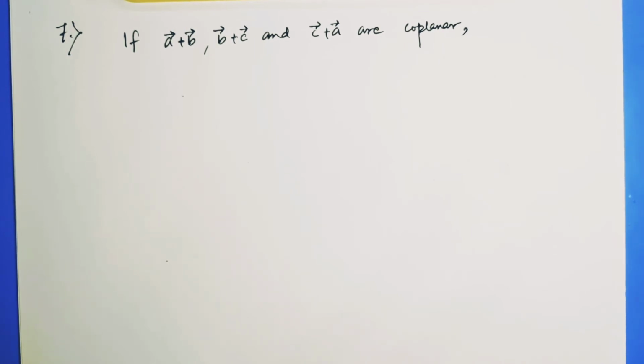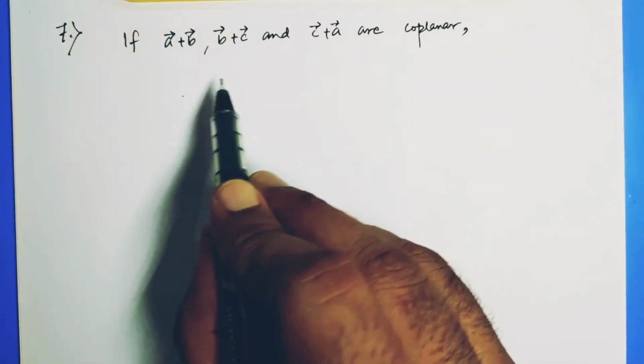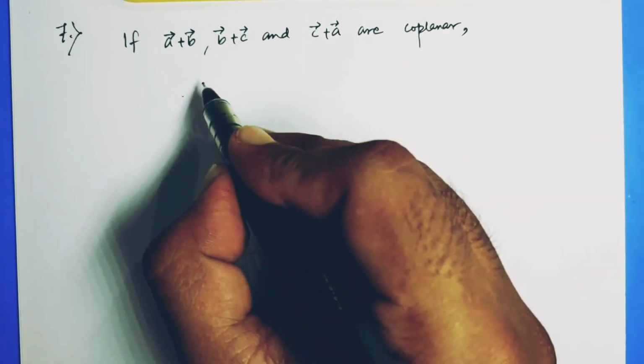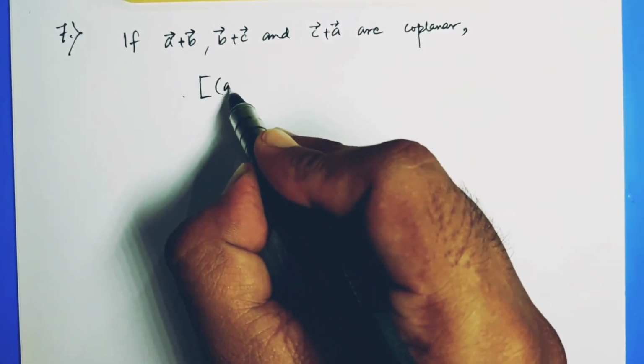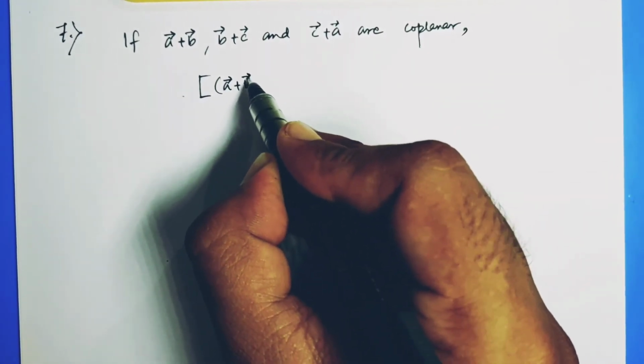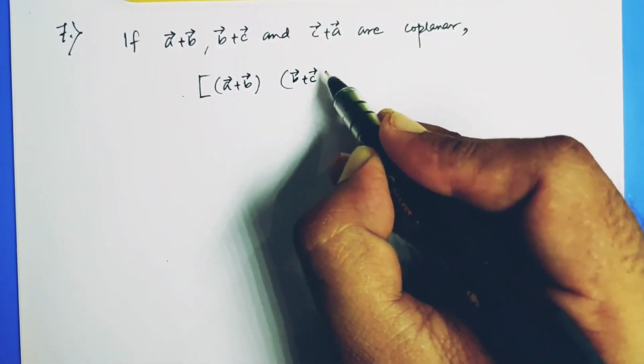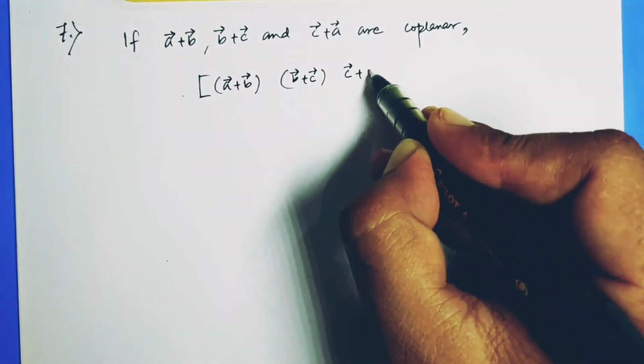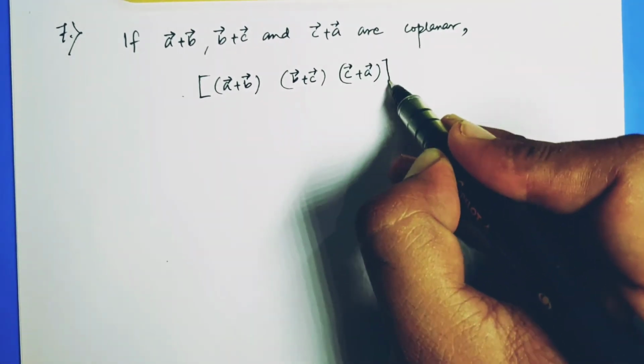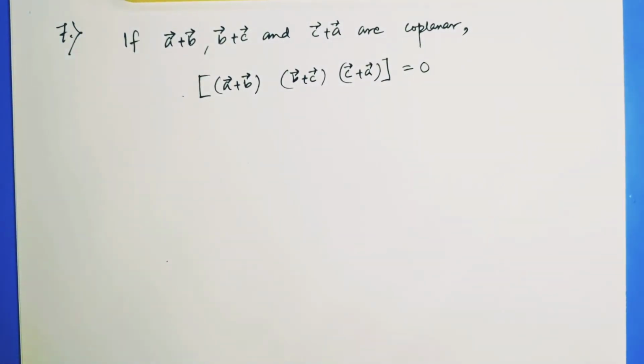The first thing that comes into our head is that when three vectors are coplanar, the scalar triple product is equal to 0, right? So since these three vectors are coplanar, I can say A vector plus B vector, then B vector plus C vector, then C vector plus A vector, the scalar triple product is equal to 0, right?